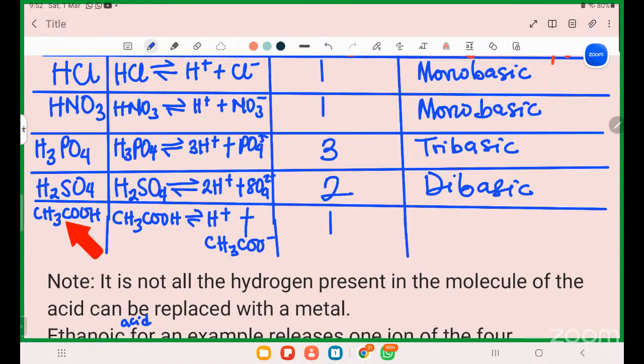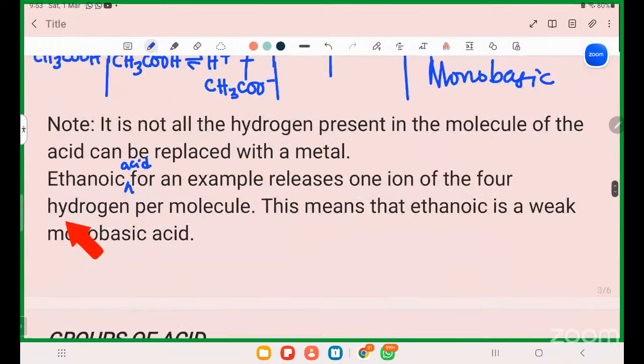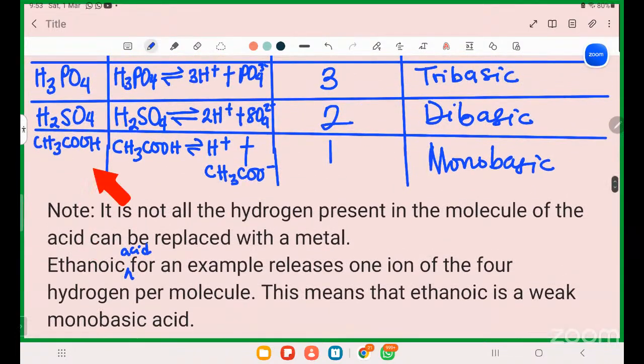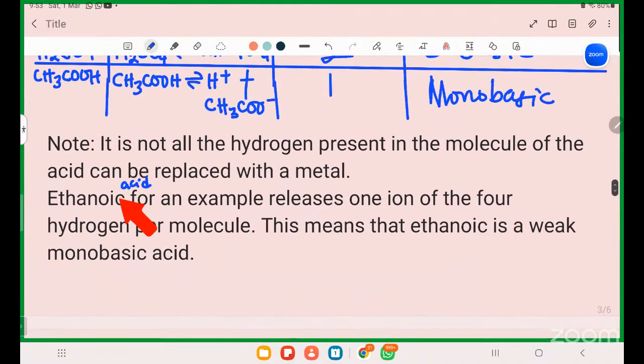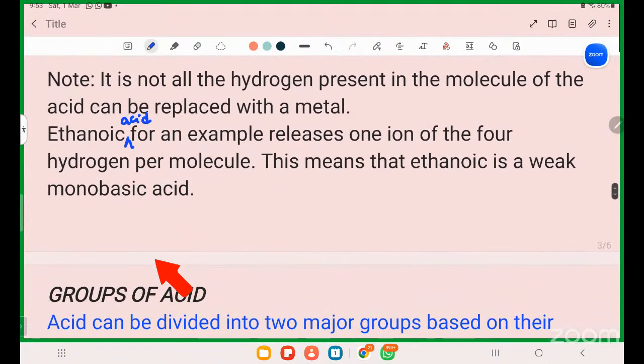So it is monobasic, despite the fact that it has 4 hydrogens. This means that ethanoic acid is a weak monobasic acid.